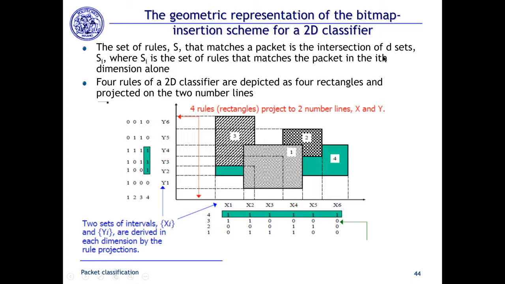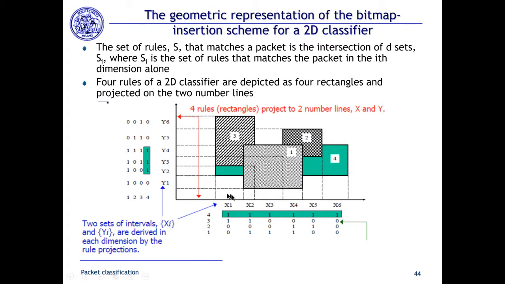So the bitmaps are basically data structures that allow you to represent a certain Boolean variable or a set of Boolean variables, and each specific variable corresponds to a position in a binary number, a binary digit position in a binary number. So we start again with a representation of the rules in terms of overlapping rectangles in the d-dimensional space.